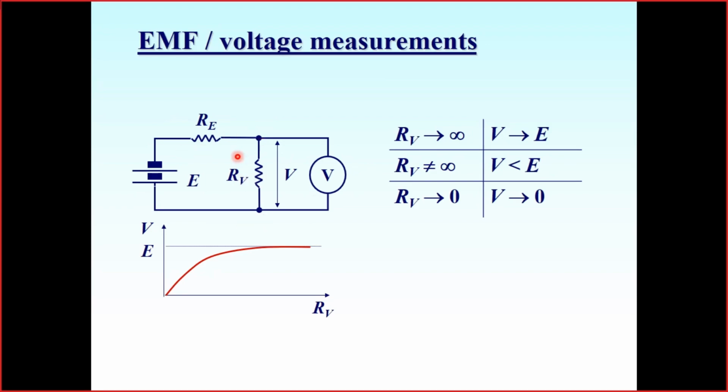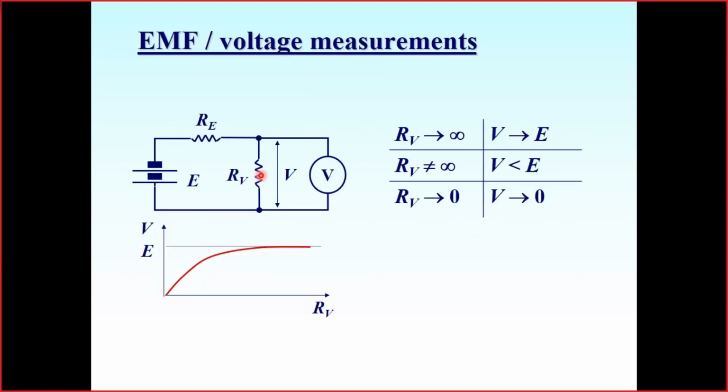Then we measure not the total electromotive force or total applied voltage, but only the part which falls over the resistance RV. We can easily understand this by taking the absurd case where we drop the resistance of the meter to 0: the measured voltage will be 0, because the voltage across a zero resistor is always 0.